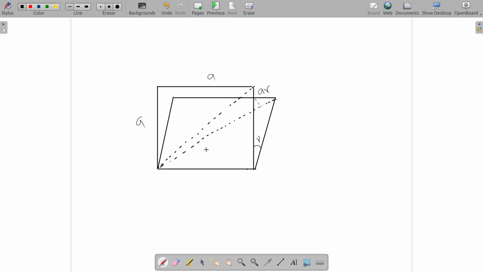Now we need to check this angle, 45. This is okay, 45, right? Close to 45, okay, close to 45.